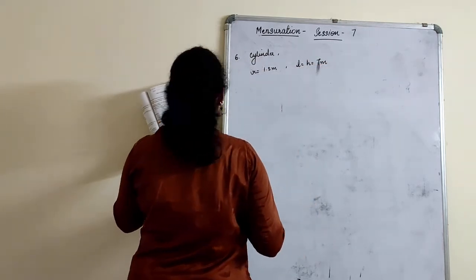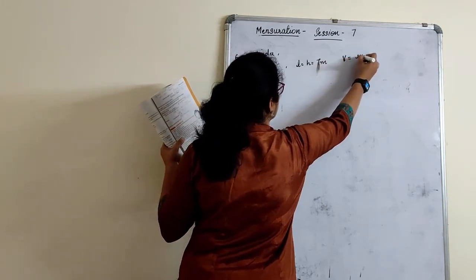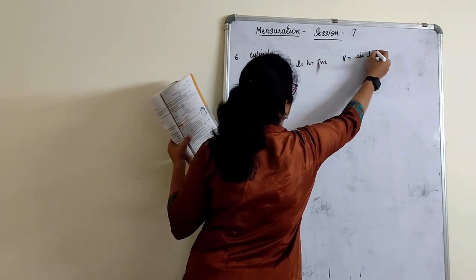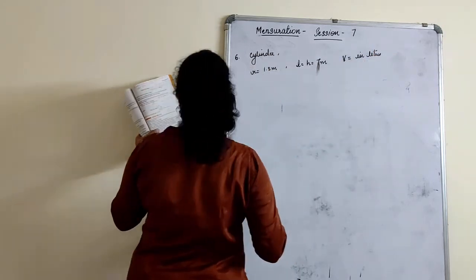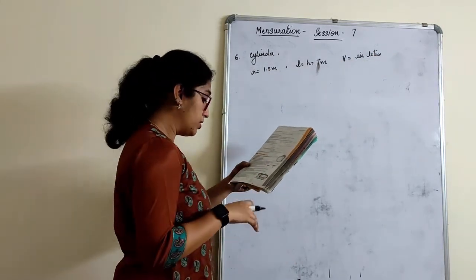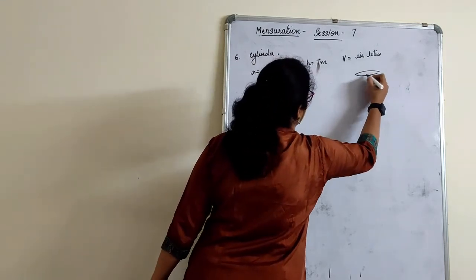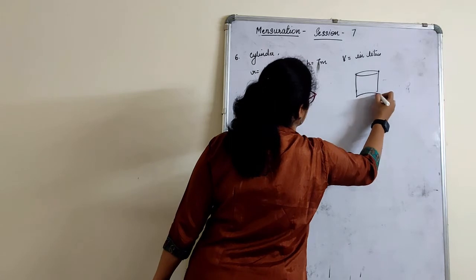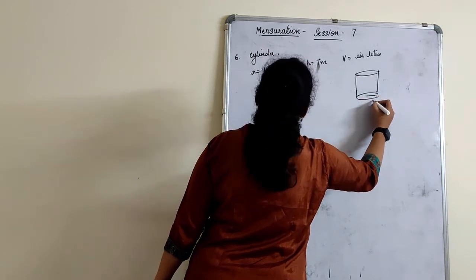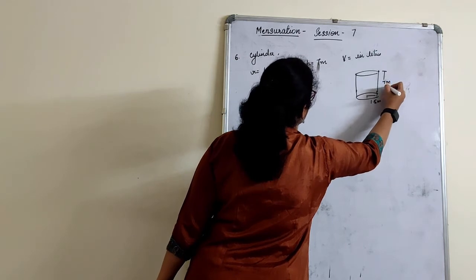Find the quantity of milk in liters, volume in liters. I will write here: find the quantity. Quantity is always in liters. Quantity means volume that can be stored in the tank. You can just have a small figure, right? So radius here is 1.5 meter, whose height is 7 meter.